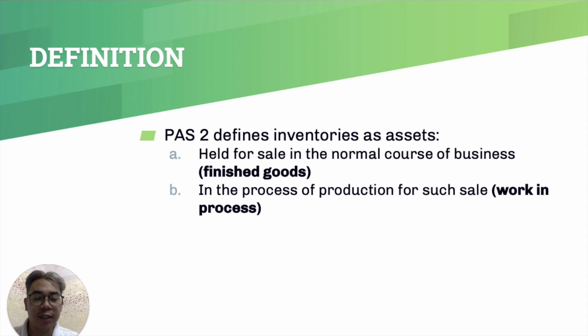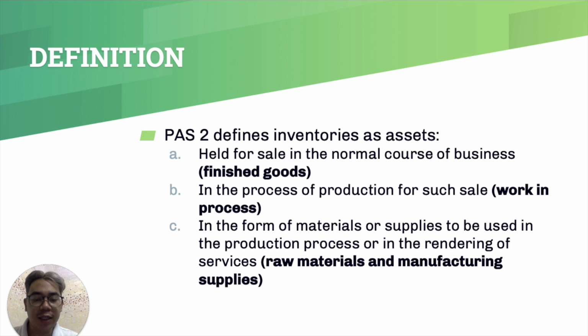We call this the work in process inventory. And letter C, those in the form of materials or supplies to be used in the production process or in the rendering of services. Ito naman yung ating raw materials inventory or yung ating manufacturing supplies inventory.